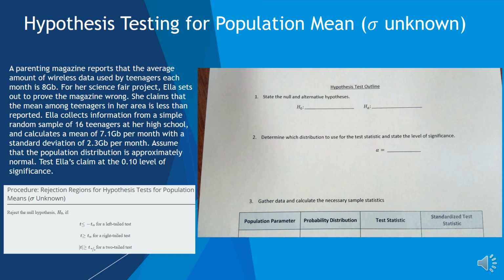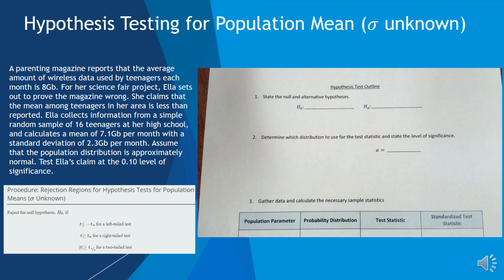You could use the table for this. Let me see, I actually have a t table right here so I can show you. You could also use your calculator to look up the inverse t value, but if you had your calculator, again, I would just suggest that you use the calculator to determine your p-value.